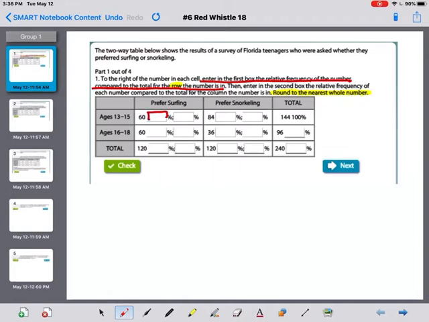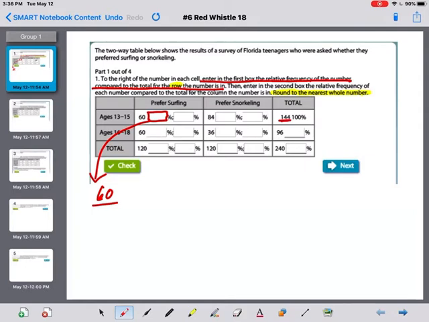All right, so notice all the numbers are already in the two-way table for you. That's something that we did yesterday. Now we're just calculating the relative frequency, and it describes how you're setting up those fractions to get the percents. So we are taking the number in that box, which in this case is 60, and comparing it to the total for that row.